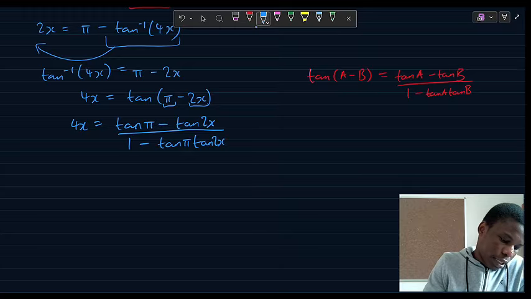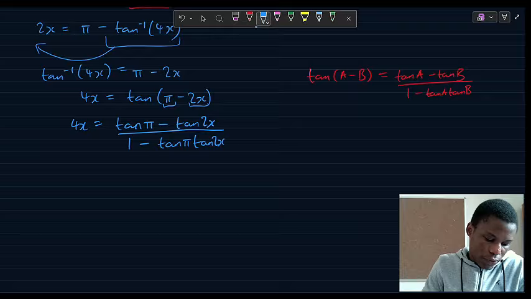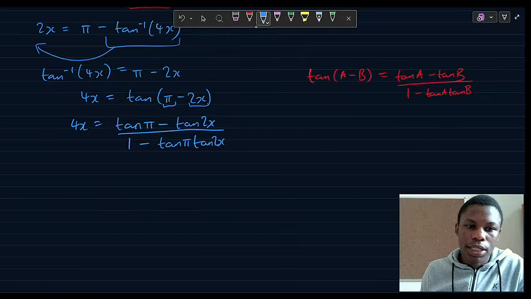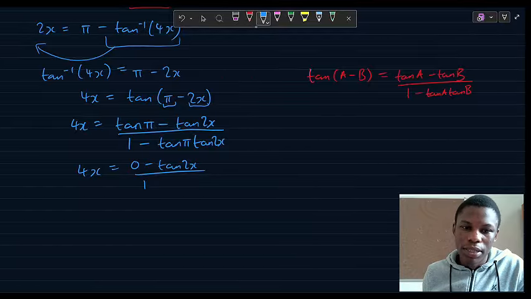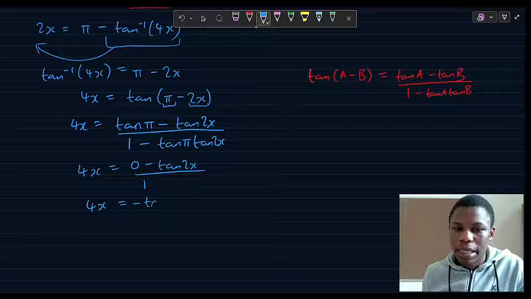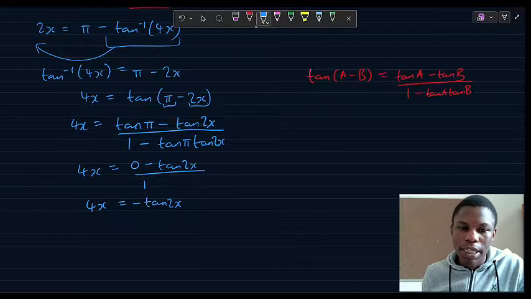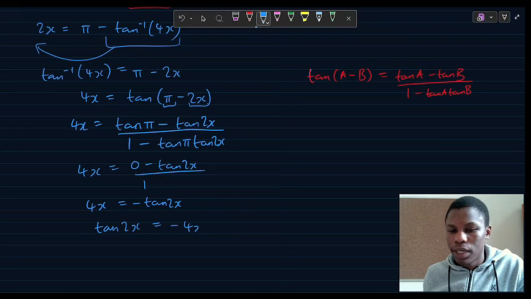If you punch tan pi into your calculator, you should find that it's 0. And so we've got 4x is equal to 0 minus tan 2x all over 1 minus 0 times tan 2x. So we just have 4x is negative tan 2x. Then multiply both sides by negative 1, so we've got tan 2x is equal to negative 4x.